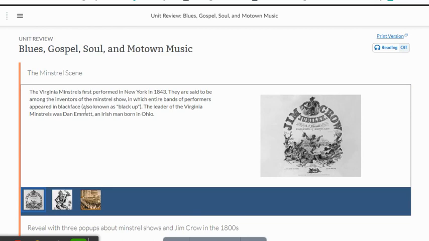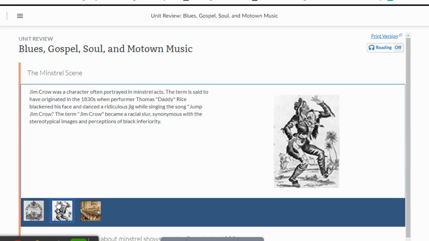Talks about the origination of the blues, even the minstrels, and what that was about. So you can go through here and learn about different things about that so that you make sure you're able to understand it for the quiz or the test, that is. Make sure you read this about Jim Crow because that's going to be something that you need to understand. And now it is known as a racial slur.